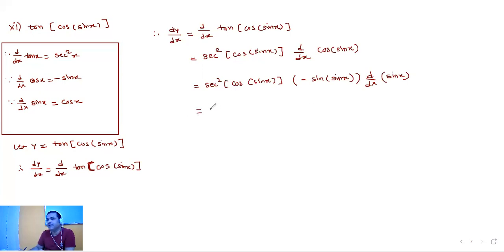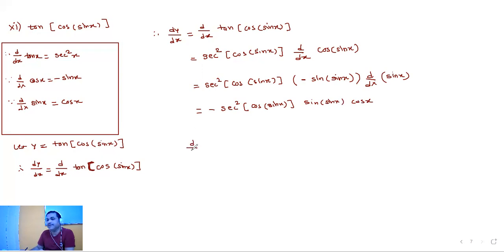So this will become, now the minus sign is there in the sum. So minus sec square cos of sine of x. Then again sine of x, and the derivative of sine x is cos x. I think that is our final answer.